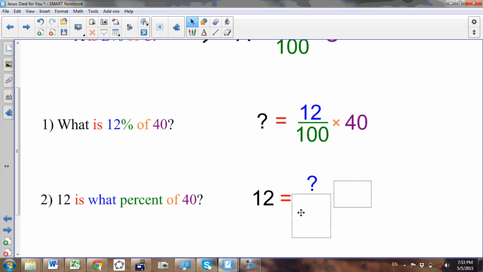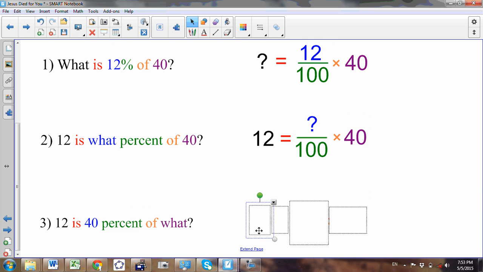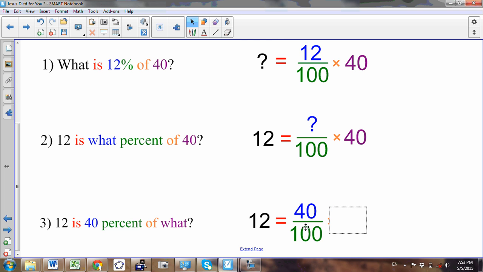So what divided by 100? What number divided by 100? What percent of 40? And then finally, 12 is, this time it's the number that we have the percent of. That is the unknown. 12 is 40%, 40 divided by 100, of what?